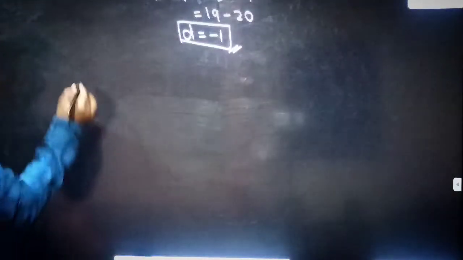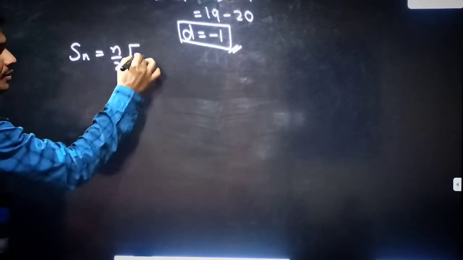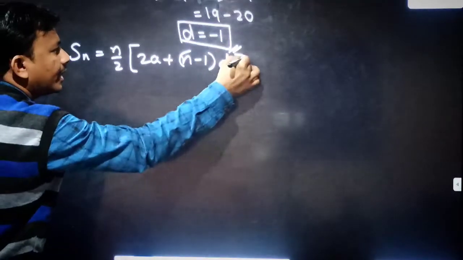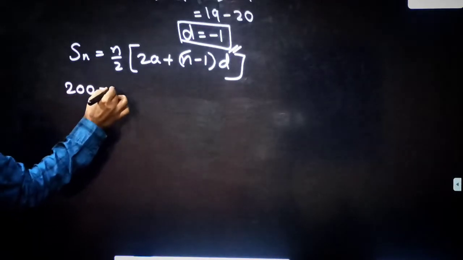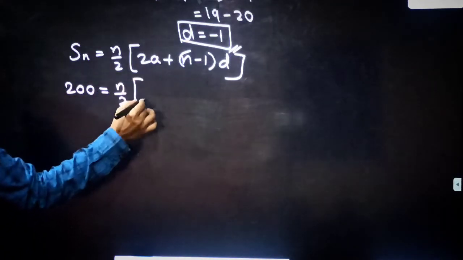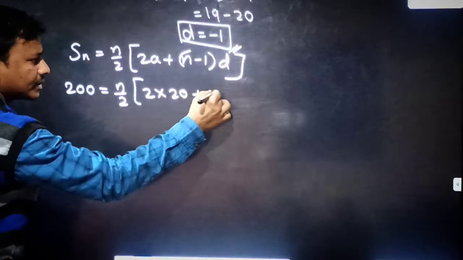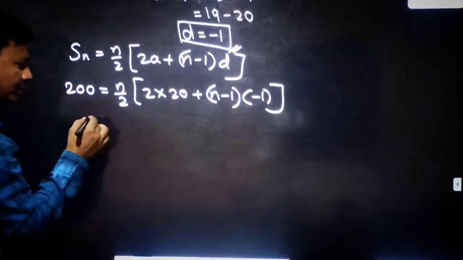Sn is equal to n divided by 2 in bracket 2a plus n minus 1 into d. Sn value is 200, which is equal to n divided by 2 into 2 into a, where a value is 20, plus n minus 1 into d, where d is minus 1.